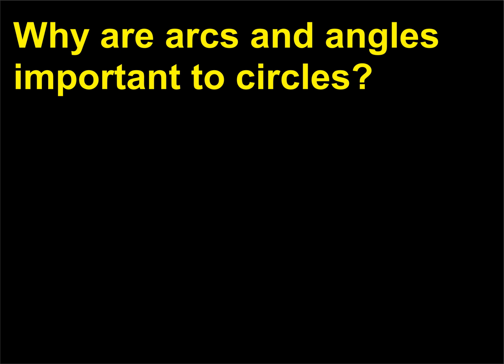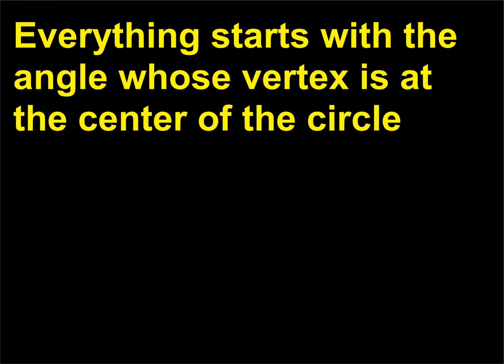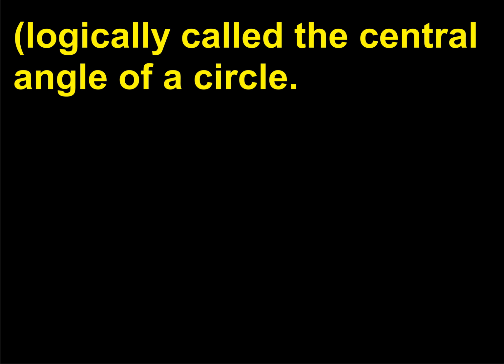Why are arcs and angles important to circles? Everything starts with the angle whose vertex is at the center of the circle, logically called the central angle of a circle.